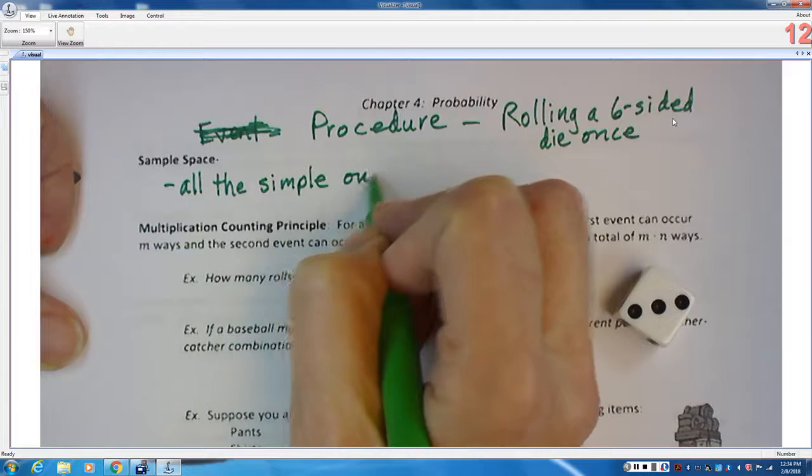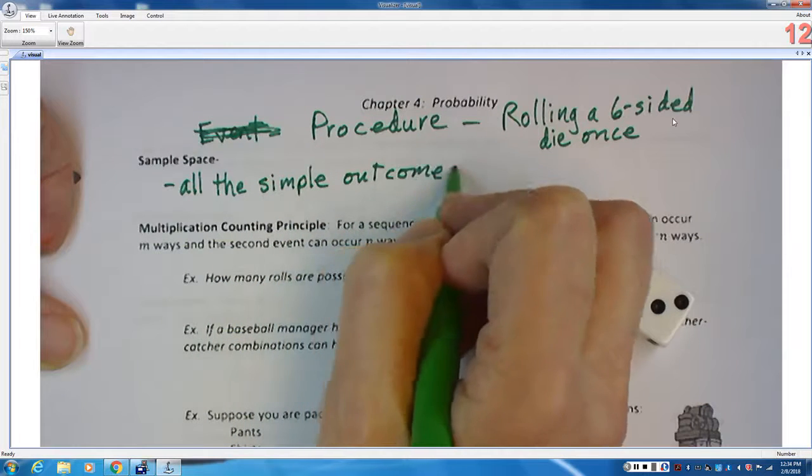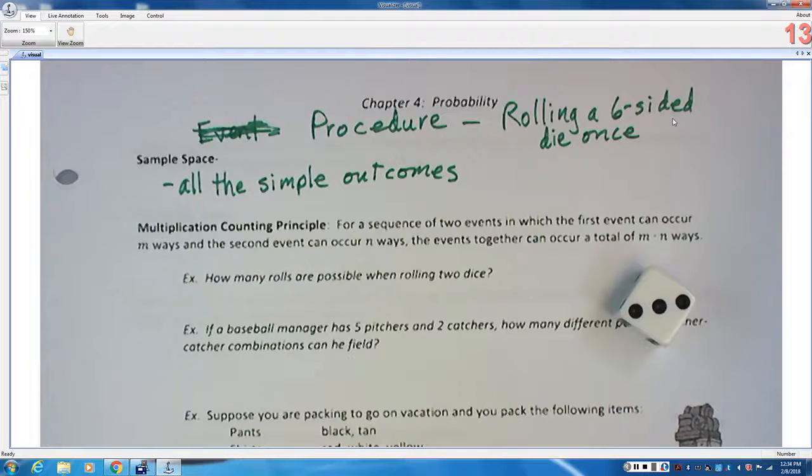Let's see. Okay, we were going to do a procedure like rolling a six-sided die once.